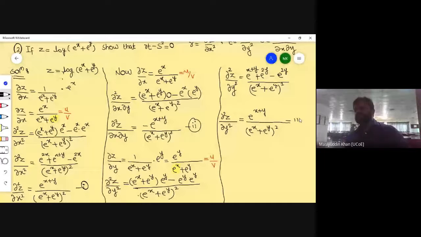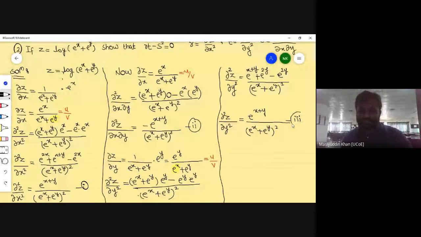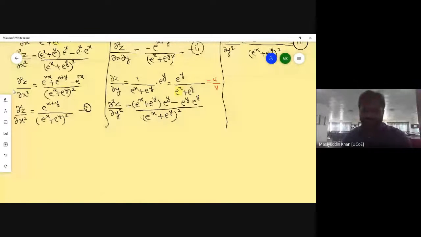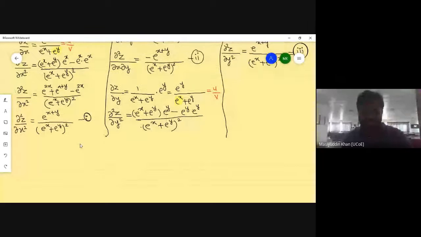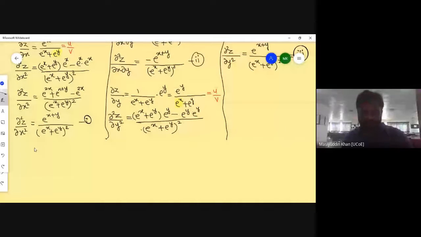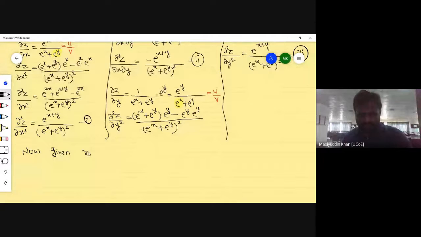So equations 1, 2, and 3, this part is in RT minus S square. Now in the question it is clearly mentioned, given RT minus S square equal to 0.